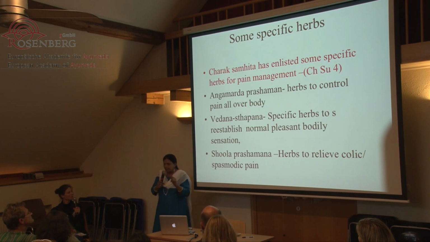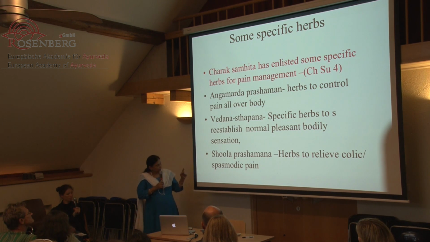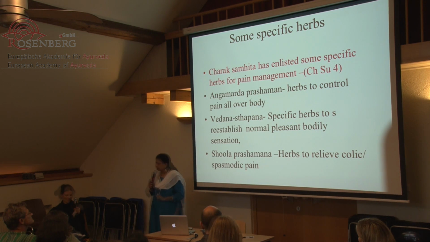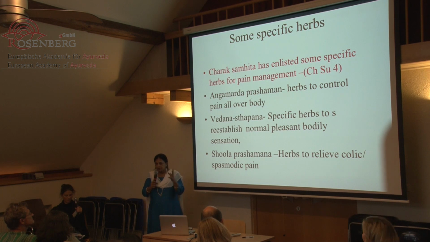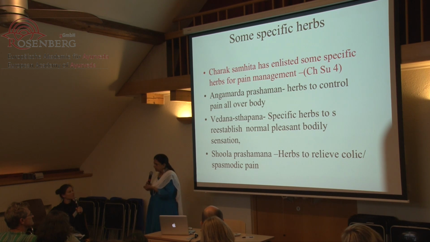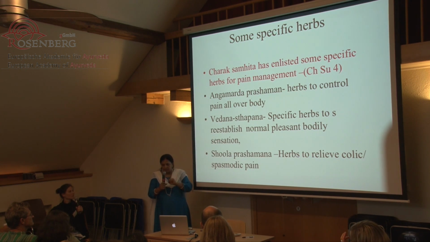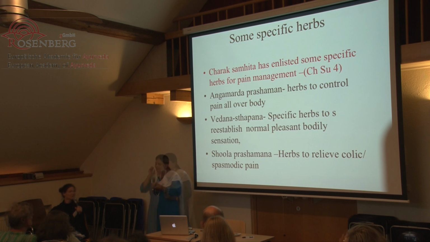Then there is a second group of herbs called Shula Prashamana. Shula means aches, of different kinds, like abdominal ache, headache, colicky pain, spasmodic pain. Colic, muscular spasm and muscular pain are relieved by these herbs.